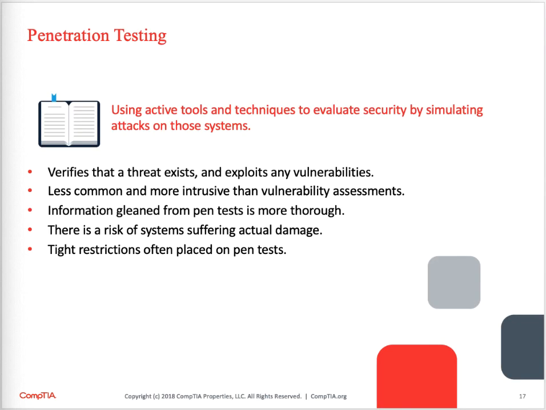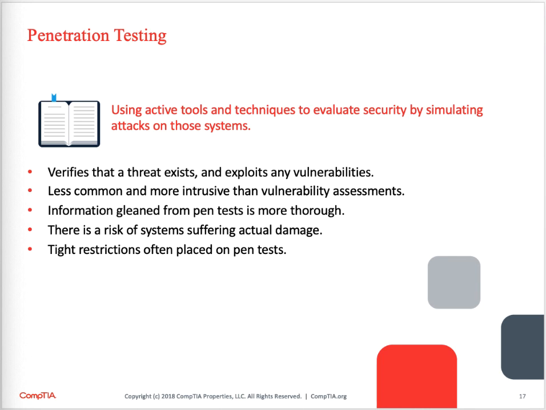Penetration testing. So vulnerability assessments are powerful tools for identifying weaknesses in our organization. However, we can also take an active role in finding vulnerabilities by using penetration testing. So penetration testing, or pen tests, are going to use active tools and security utilities to evaluate security by simulating attacks on those systems.